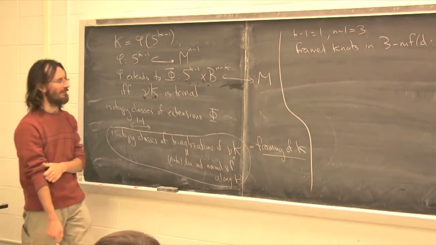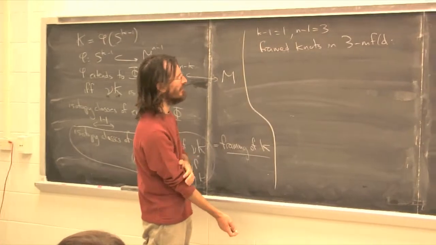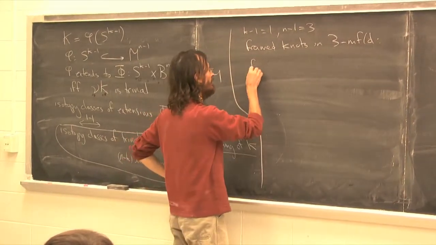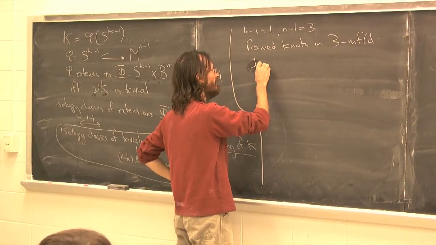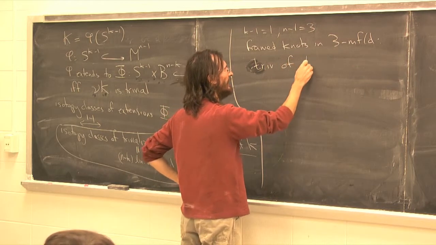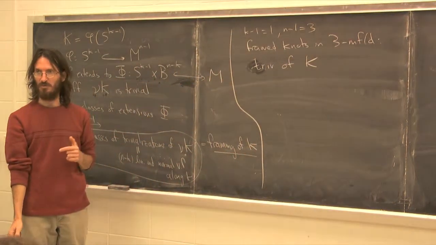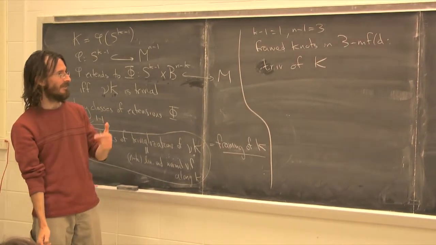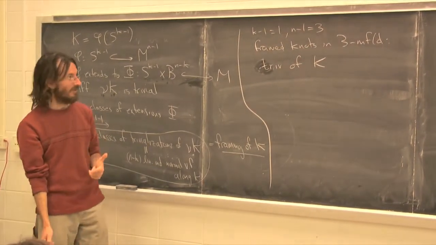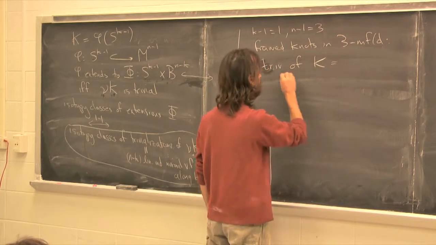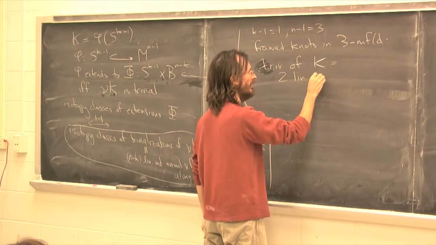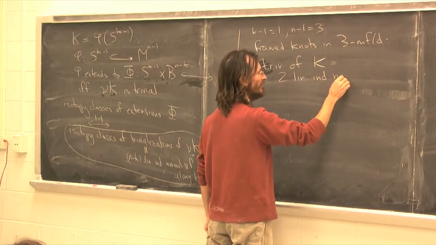And so the issue that comes up here is that a framing, a trivialization of a knot K, because this is a codimension 2 thing now, means the normal bundle is 2-dimensional. So this really is equal to 2 linearly independent normal vectors.